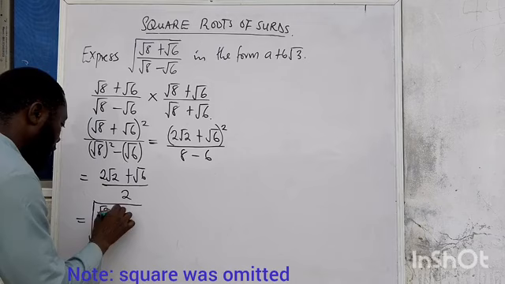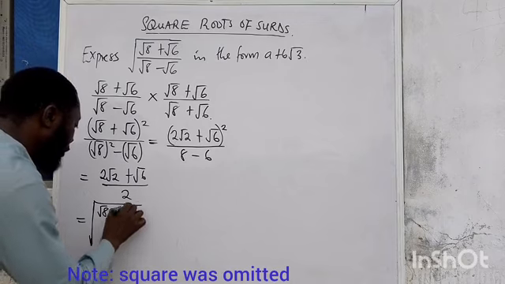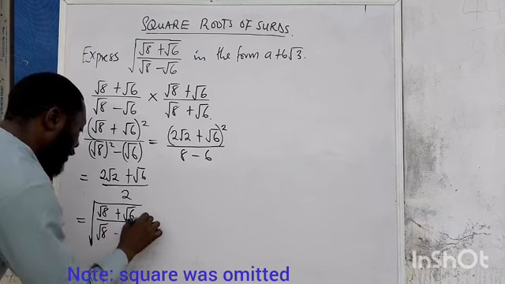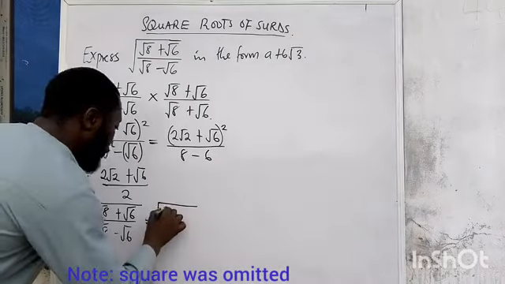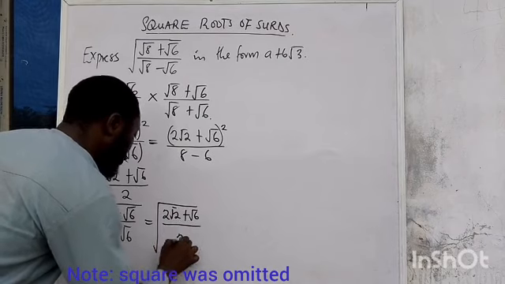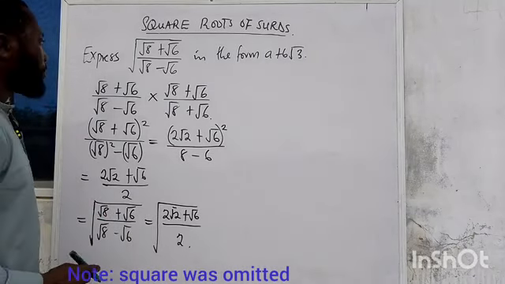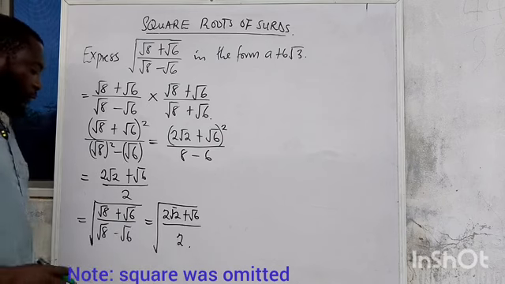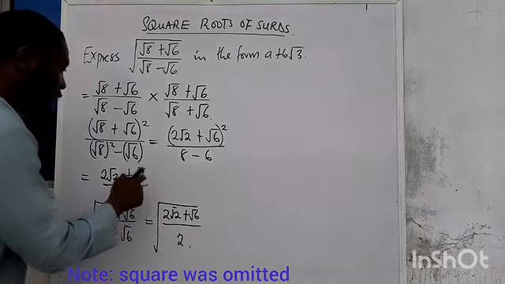Let me write it this way: the square root of root 8 plus root 6 divided by root 8 minus root 6 has now become the square root of this value, 2 root 2 plus root 6 divided by 2.